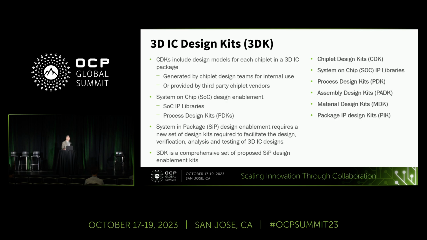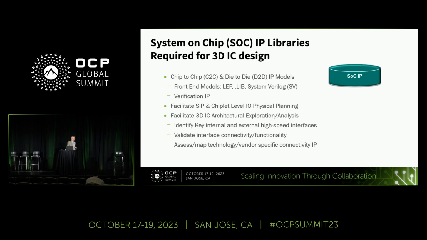System and package, or SiP, design enablement does require an additional set of building blocks. And that's really what we're trying to do with the 3DK, a comprehensive set of proposed design enablement kits. And I'll talk about each of these briefly in a few slides.